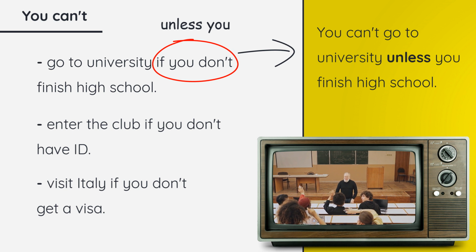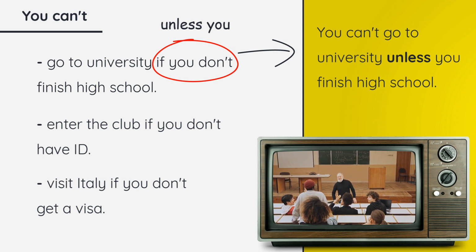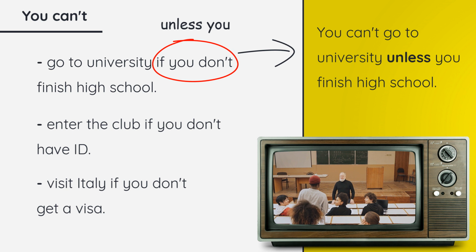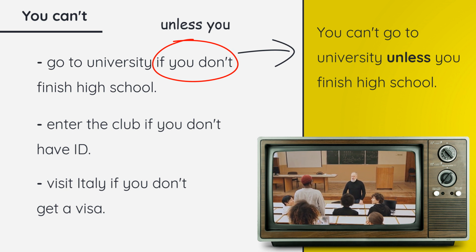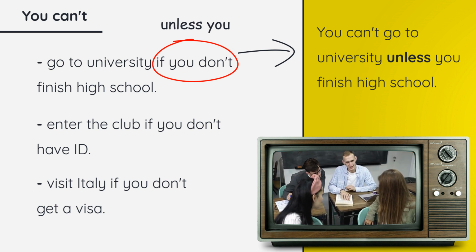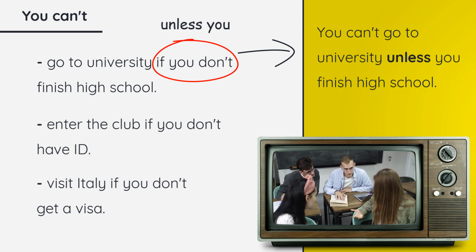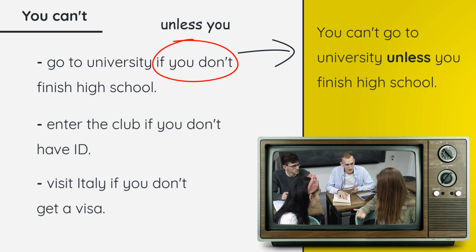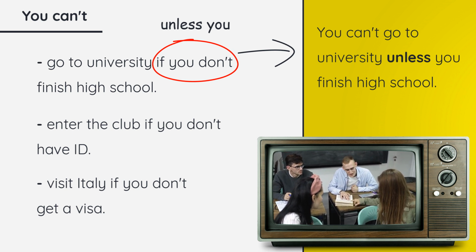Okay? You can't go to university if you don't finish high school, or you can't go to university unless you finish. So here, you see that we had to use the negative words, if you don't. But when we use the word unless, it does that automatically.